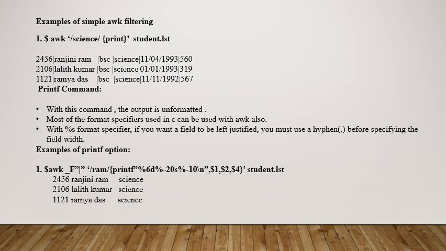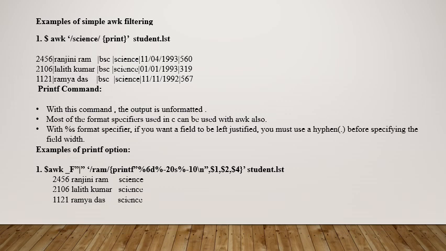The next is the printf command. With this printf command, the output is unformatted. The printf command is just like the printf statement in C. It's going to print the messages. Most of the format specifiers used in C can be used with awk also. For example, %s is used to print strings, and %d is used to print numeric data.